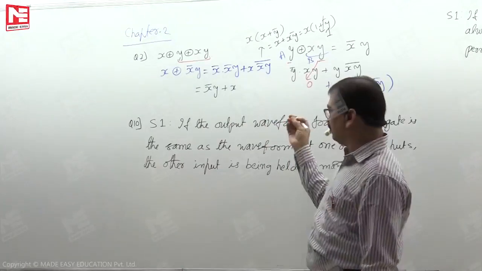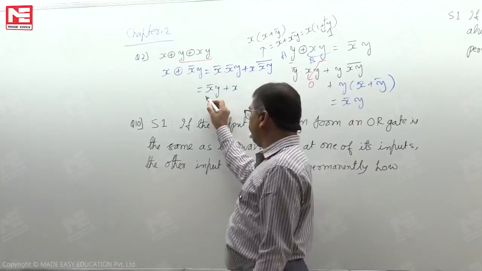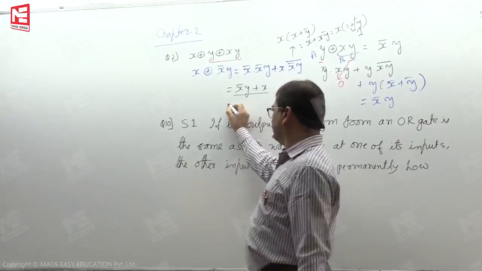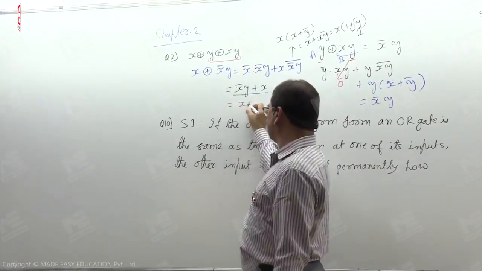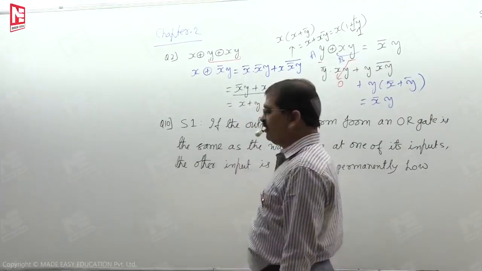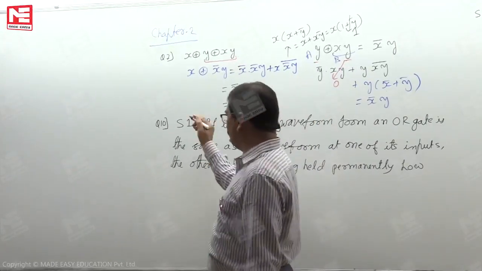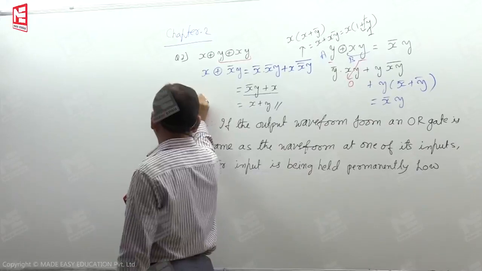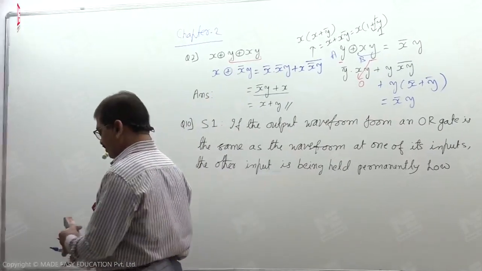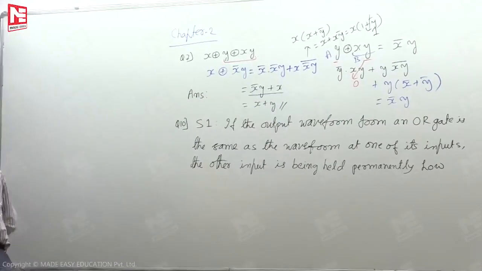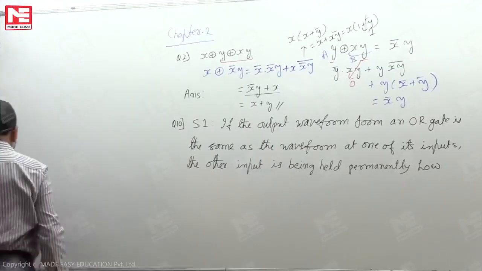Now, by using distributivity, this is X or Y. Hence, from the given options we check, the answer to this question is option B.